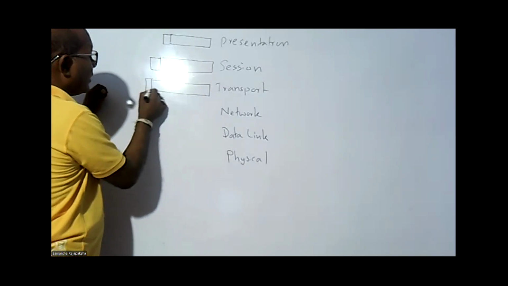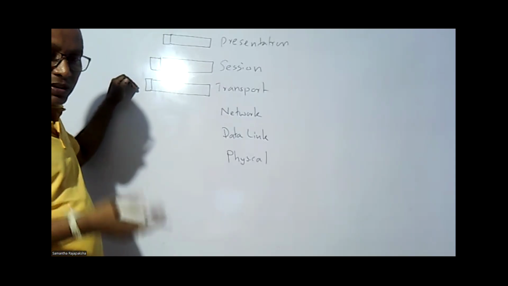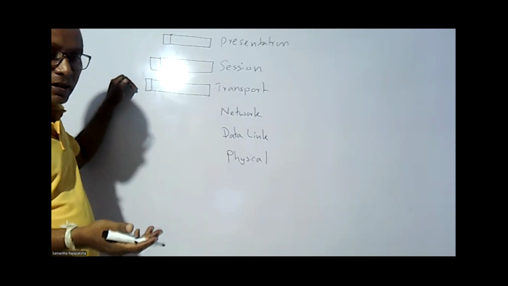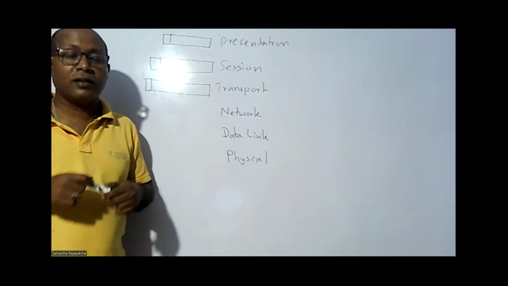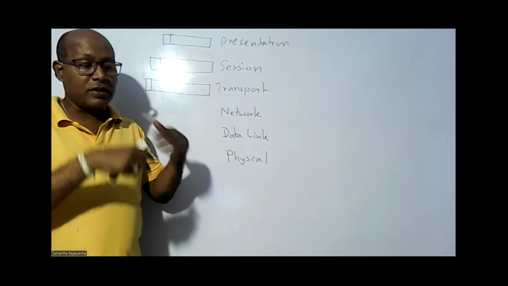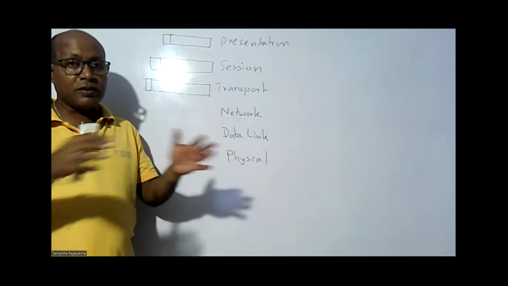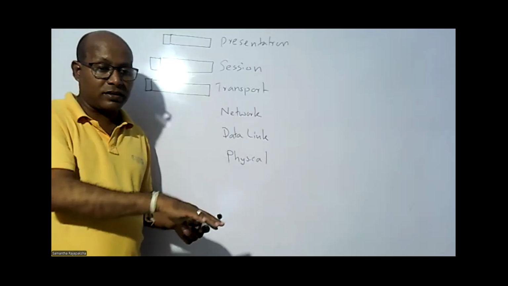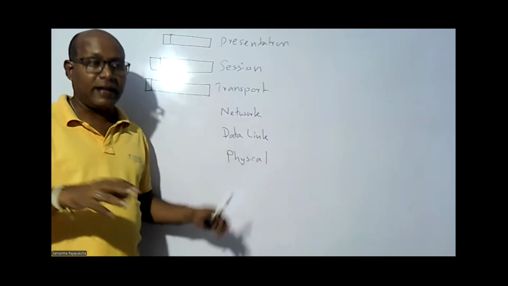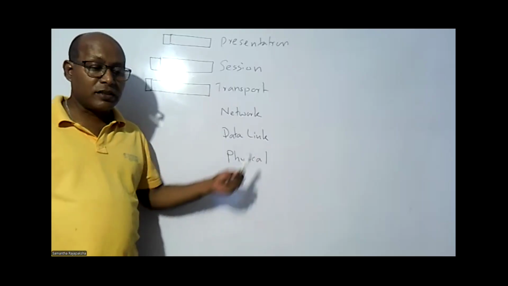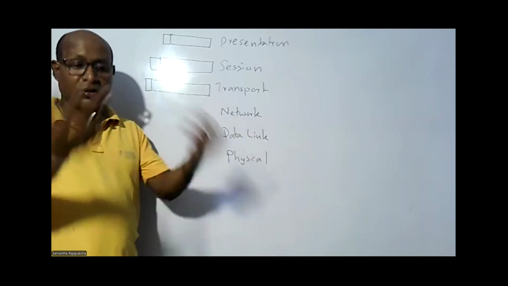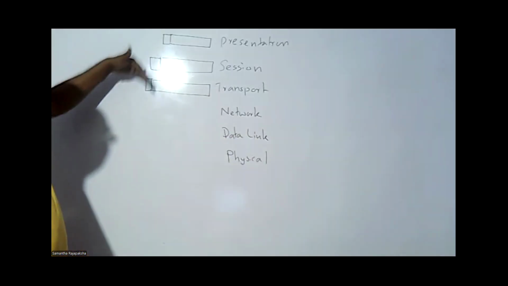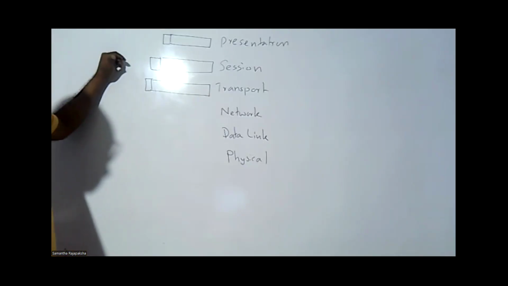So each layer adds a header and closes it and sends to the next layer. Just like the post office collects the letters together, puts them in another box, labels it and sends to the next location. Each layer will add some header and close it.